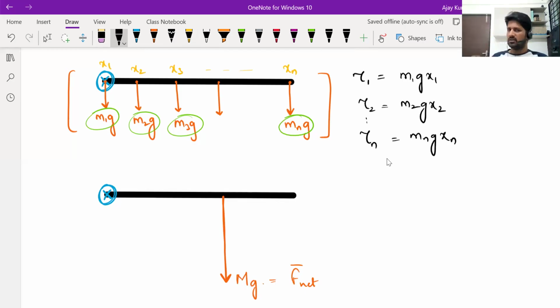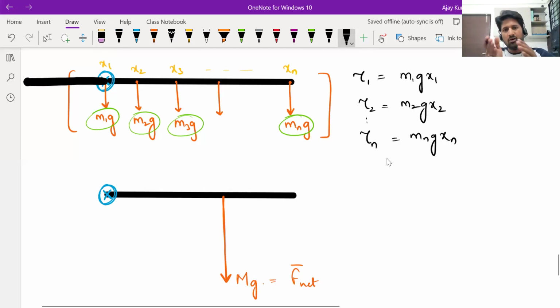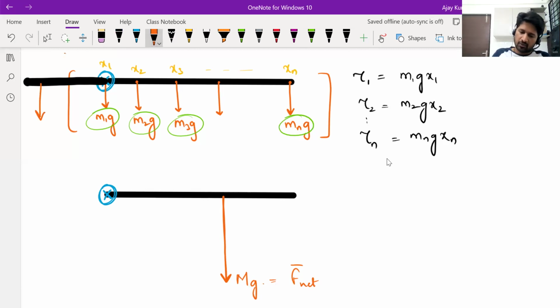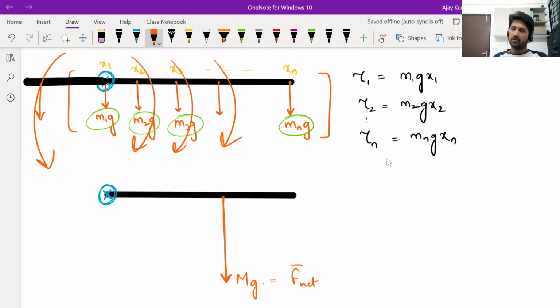And all of them produce torques in the same sense, based on what we considered. Suppose there were some forces on the left side. Let's say the rod extended on the left side as well. Then automatically, if you consider a weight here, this produces anti-clockwise torque. These weights produce clockwise torques. That left side weight produces anti-clockwise torque, isn't it?